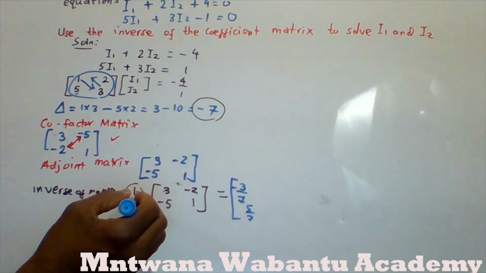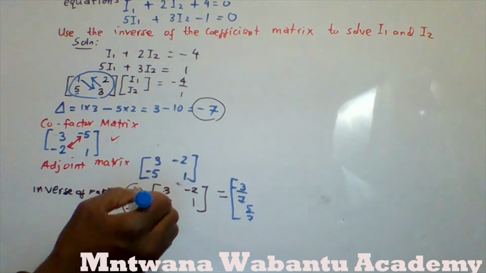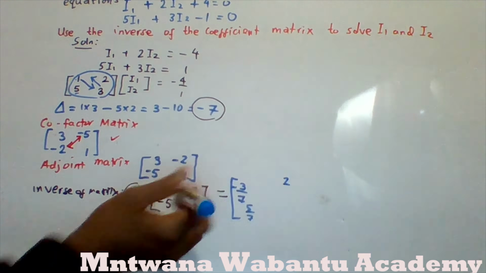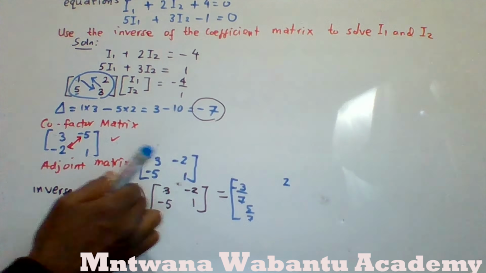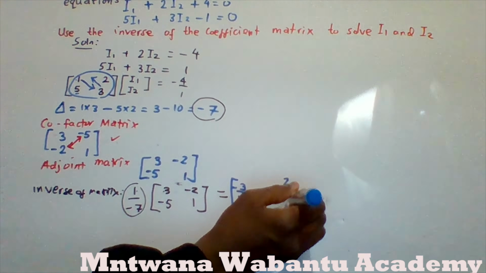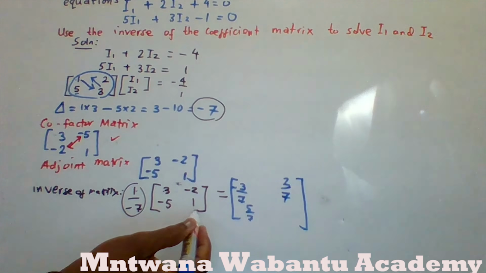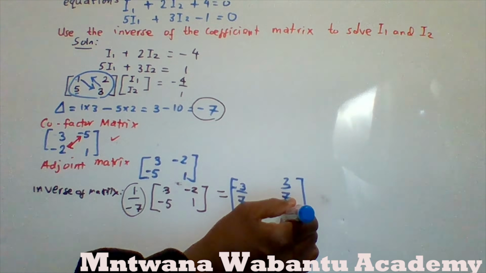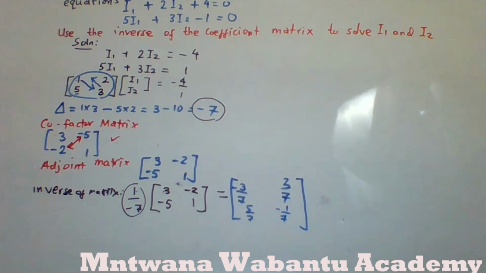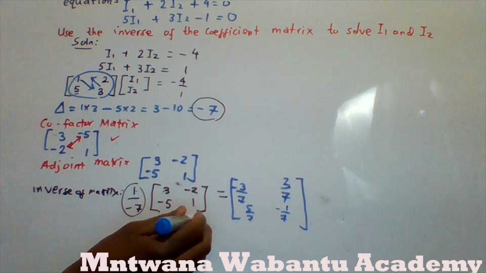Now 1 over 7 times 2 is positive 2 over 7, and then -1 over 7 times 1 is -1 over 7. So that could be my inverse of the matrix, either as it is, or that one.